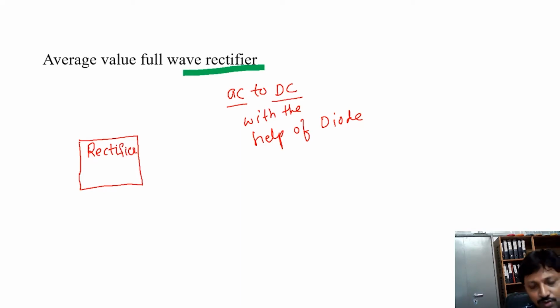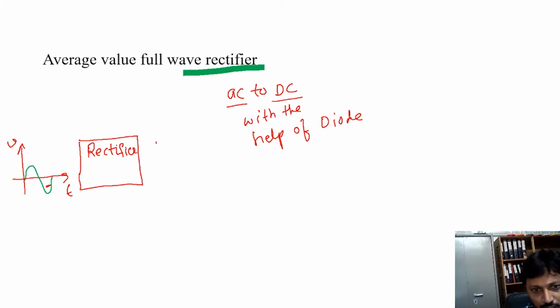This is a full wave rectifier. I'm giving the input as a sine voltage, a sinusoidal waveform, AC current. So what happened at the output? The negative cycle will be flipped at the output of the rectifier.